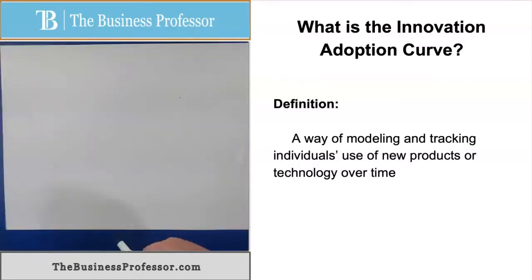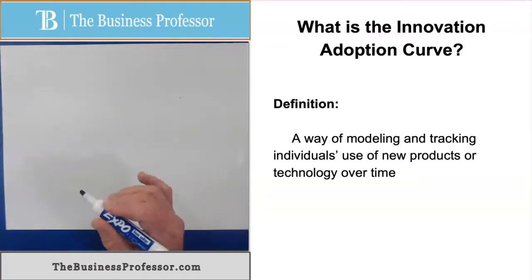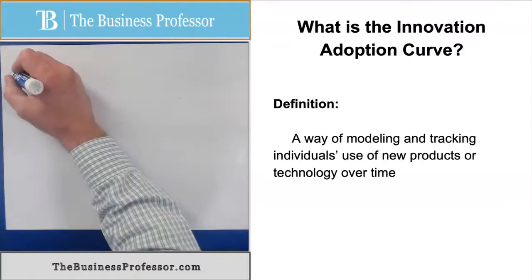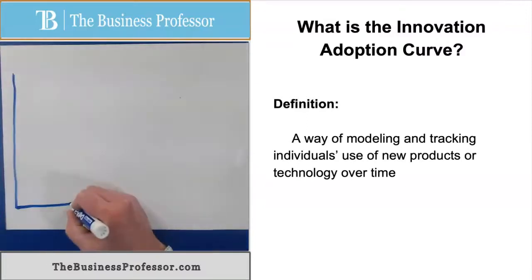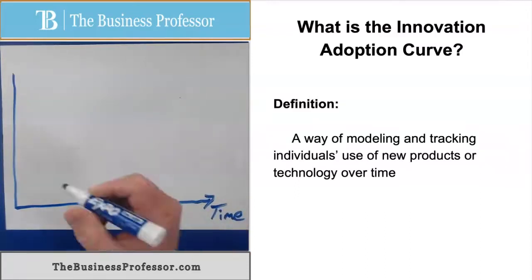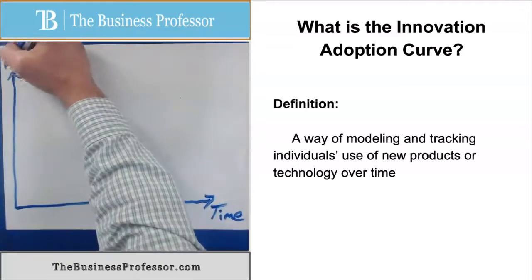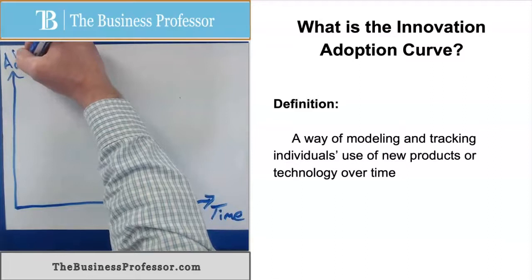Okay, so let's take a look at this thing called the innovation adoption curve. I'm no great artist, so bear with me, but I think I can sketch this out in a way that'll be helpful. The main thing here is that we have time on what we call the x-axis, and over here we have what we could call adopters.